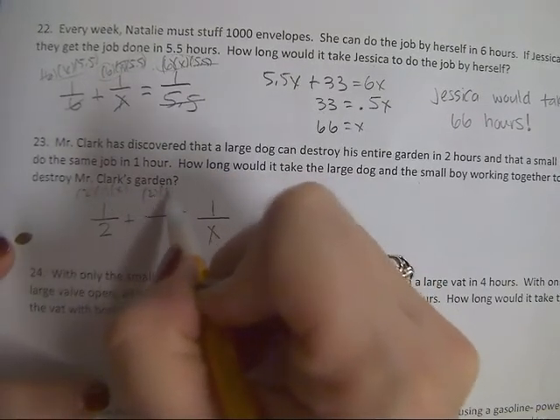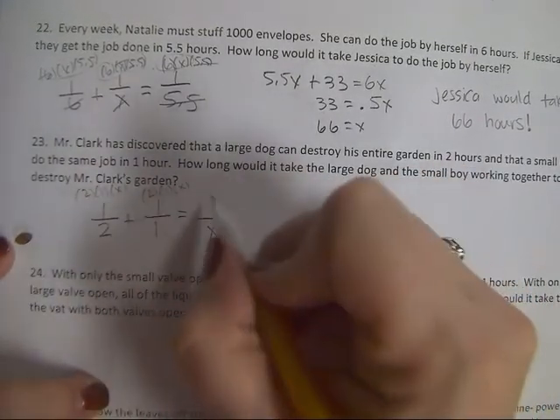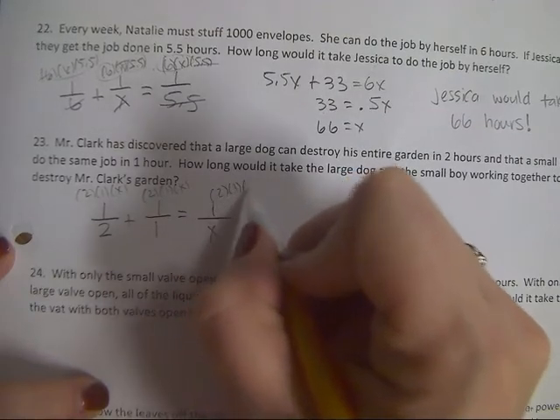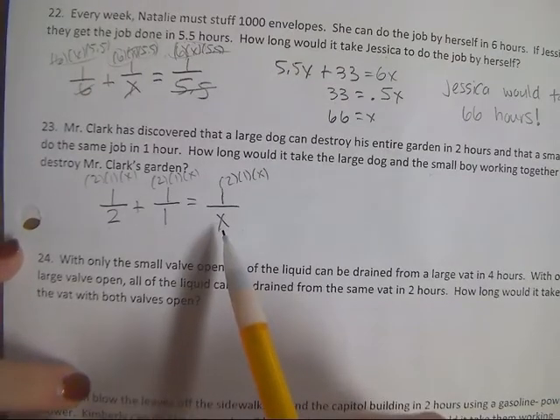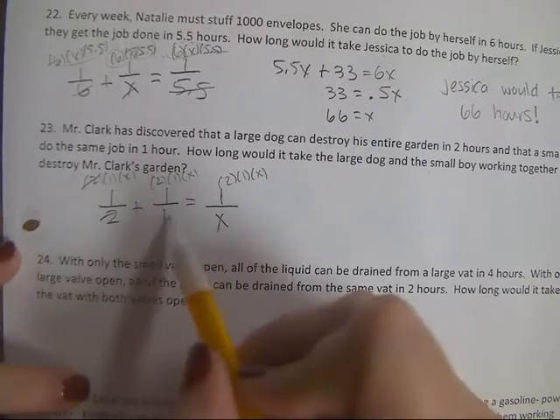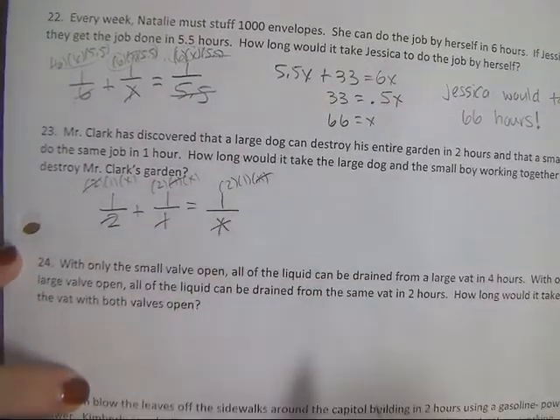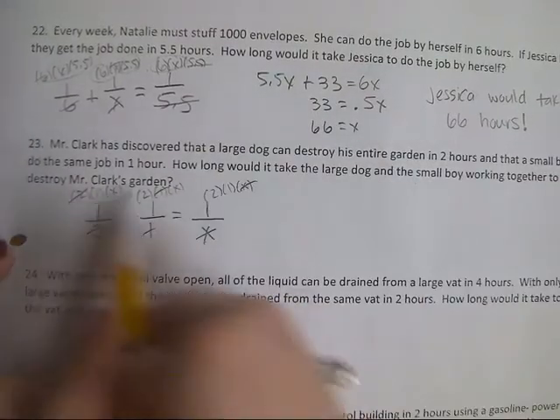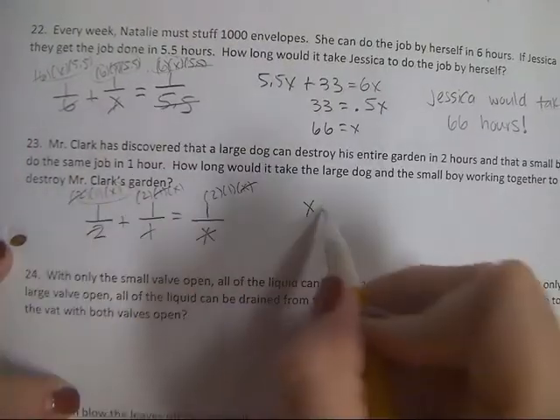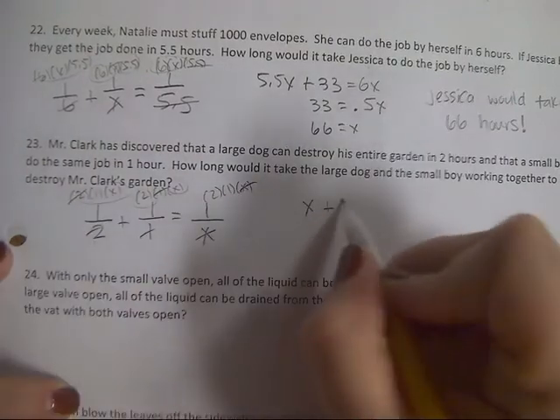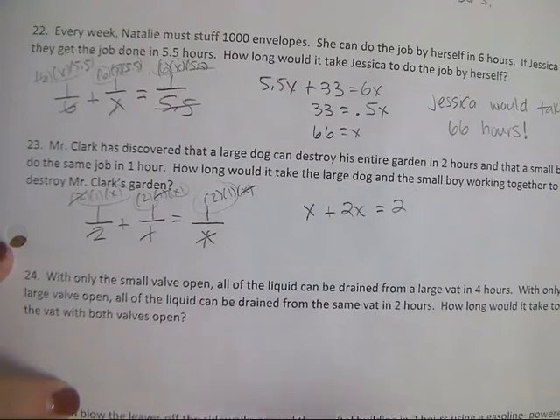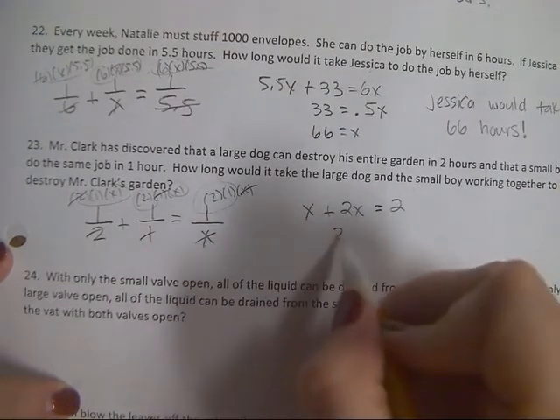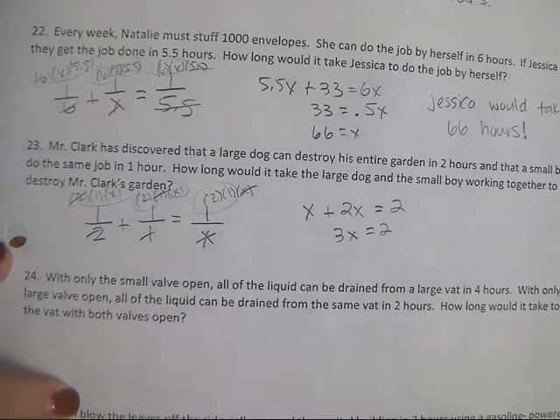All right, multiply by 2, 1, and x. So all of them, 2, 1, and x. The 2's cancel, the 1's, the x's. So we are left with just x plus 2 times x set equal to 2 times 1, which is just 2. Add those together. We have 3x equals 2.